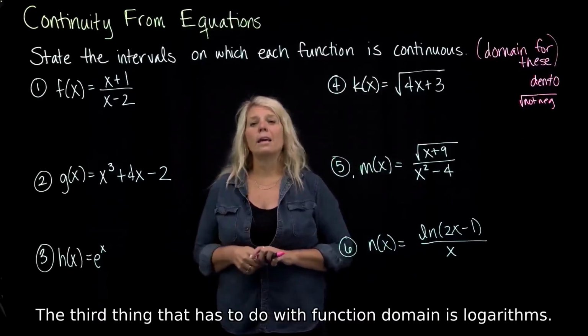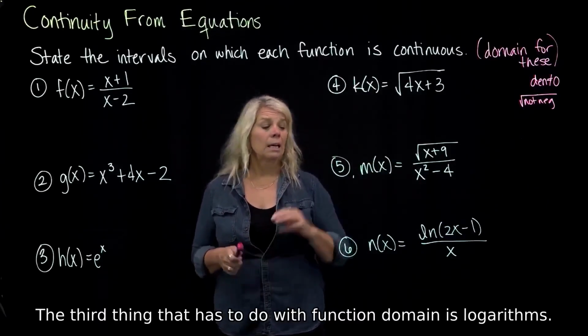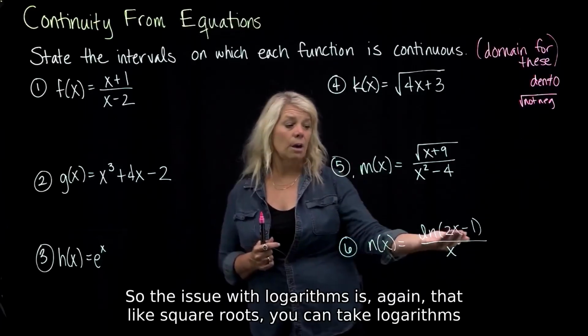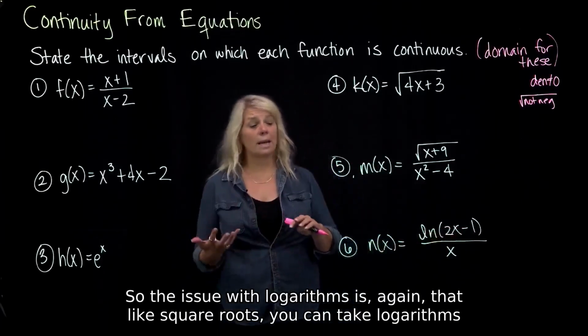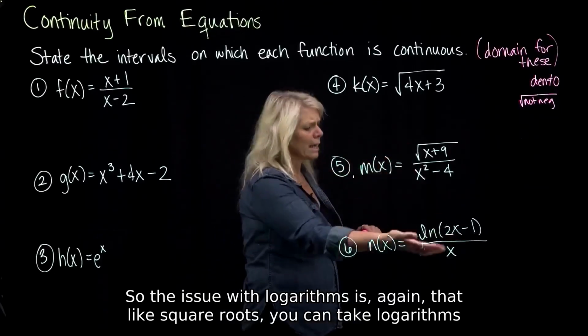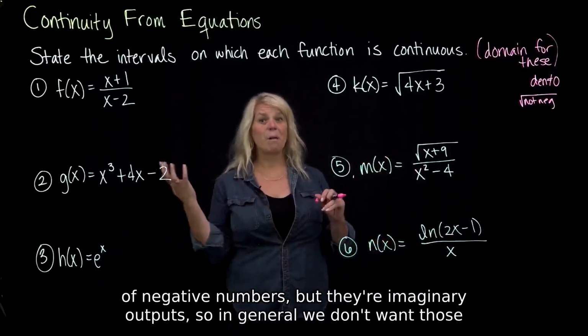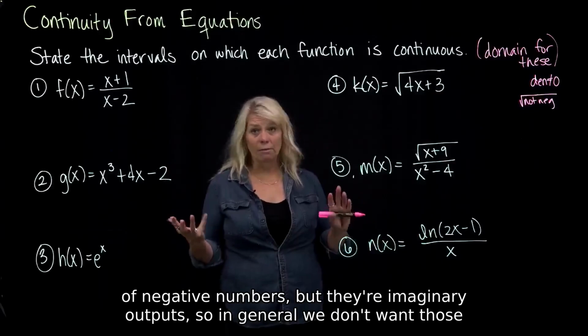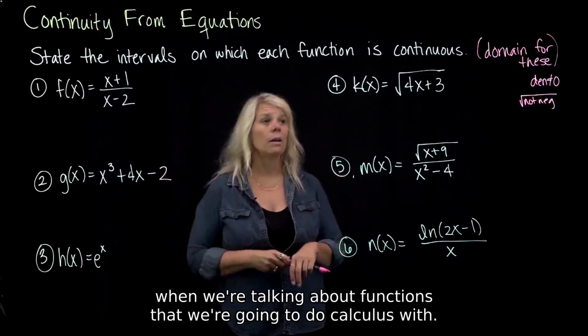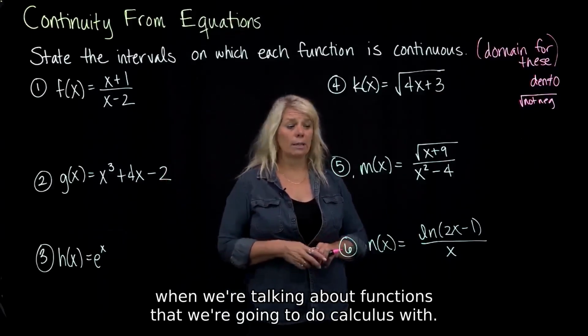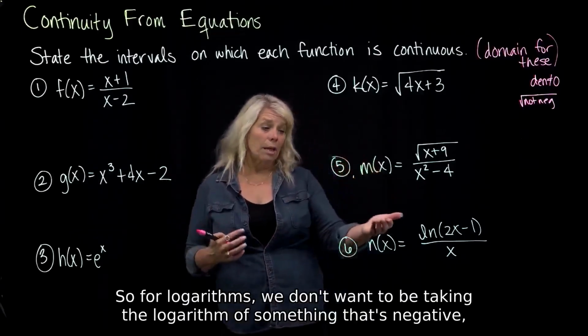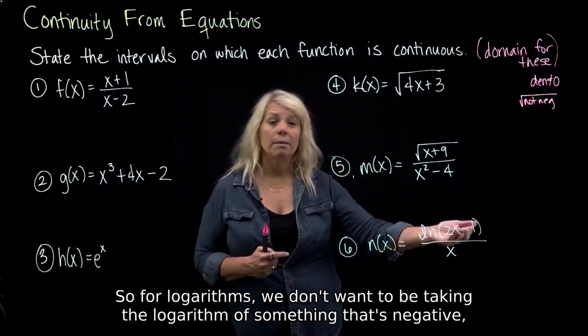The third thing that has to do with function domain is logarithms. The issue with logarithms is, again, like square roots, you can take logarithms of negative numbers, but they're imaginary outputs. So in general, we don't want those when we're talking about functions that we're going to do calculus with. So for logarithms, we don't want to be taking the logarithm of something that's negative.